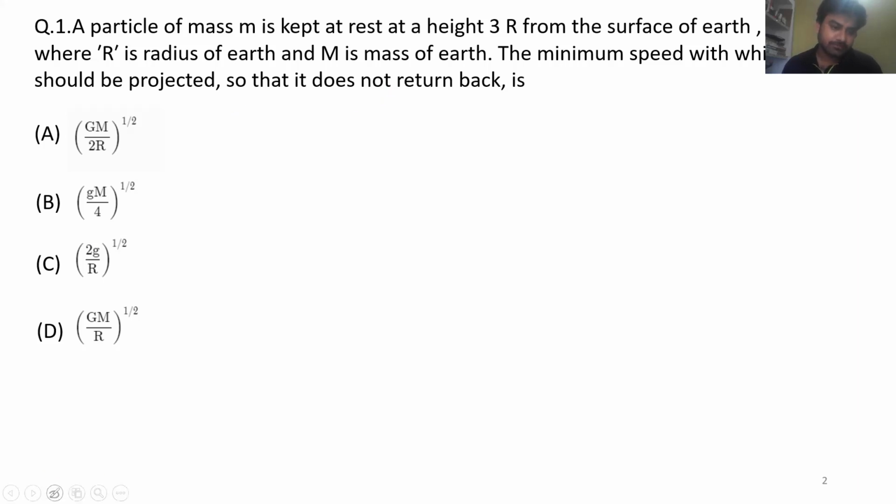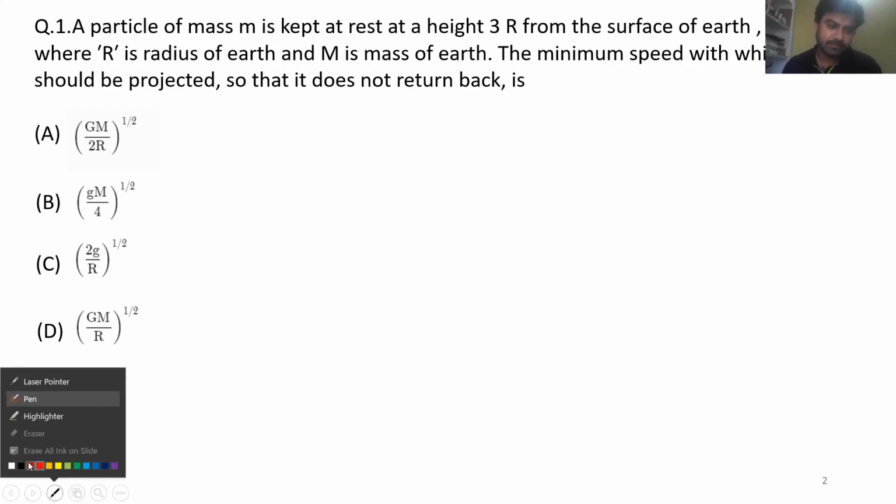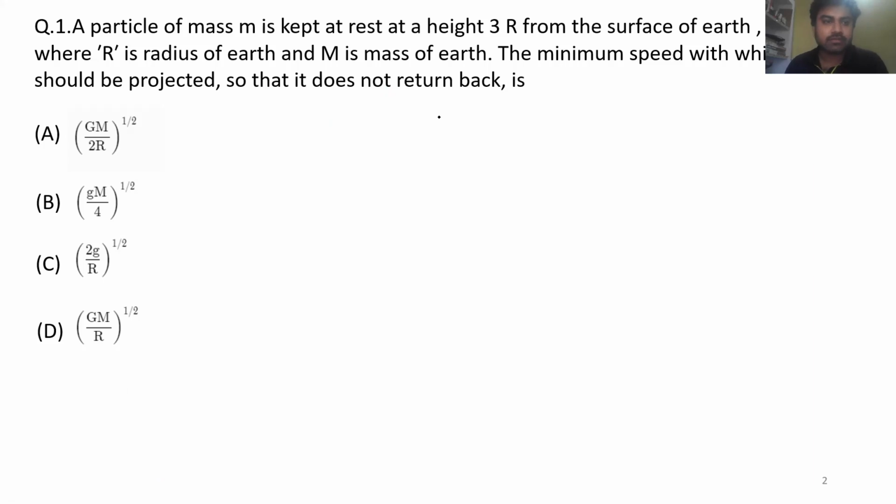So first question, we'll discuss the first question. It says that a particle of mass m is kept at rest at a height of 3r from the surface of the earth. Let's say this is earth and the radius is r.